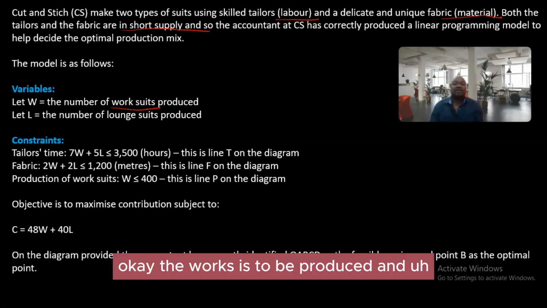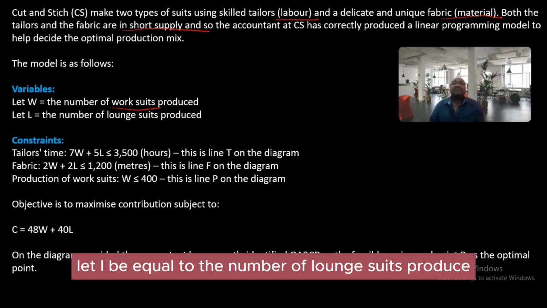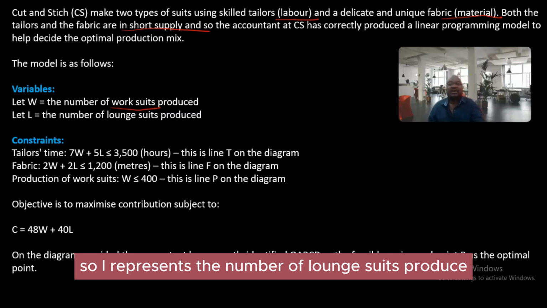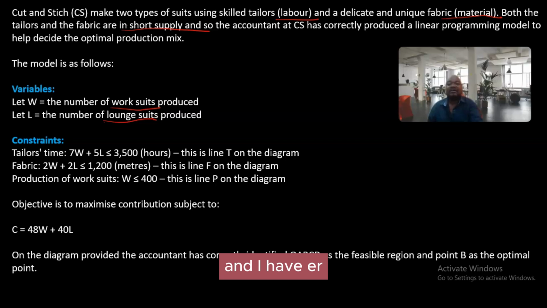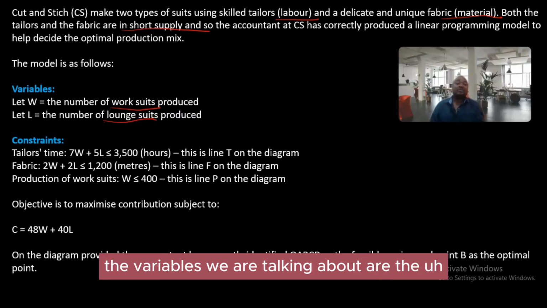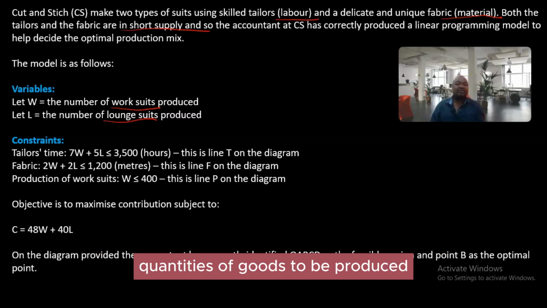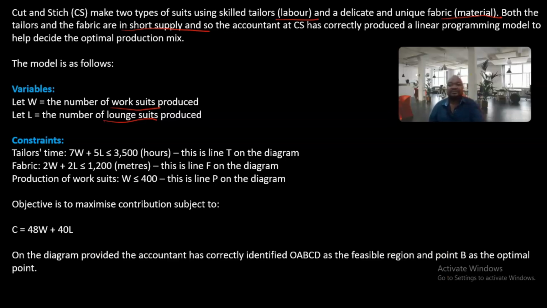And let L be equal to the number of launch suits produced. So L represents the number of launch suits produced. And I've already indicated that the variables we are talking about are the quantities of goods to be produced.